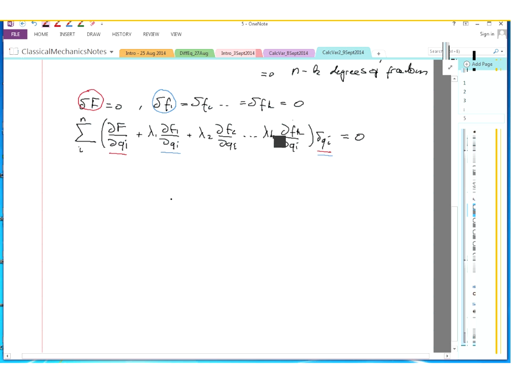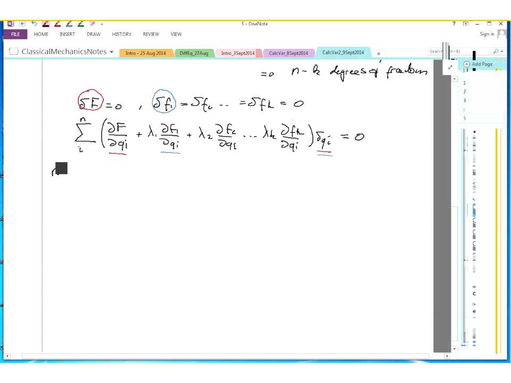So the term in brackets is not identically 0 for all values of i, because the delta q_i's are not independent from one i to the other. The delta q's depend on each other through the constraint equations. However, we can choose our lambdas so that we get certain of these terms to be 0.